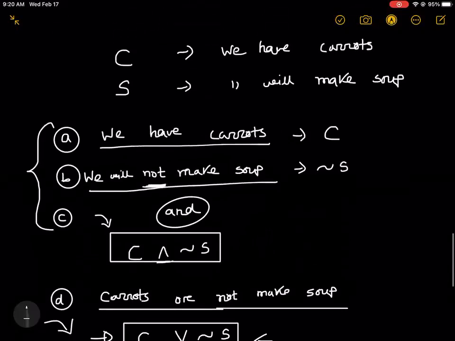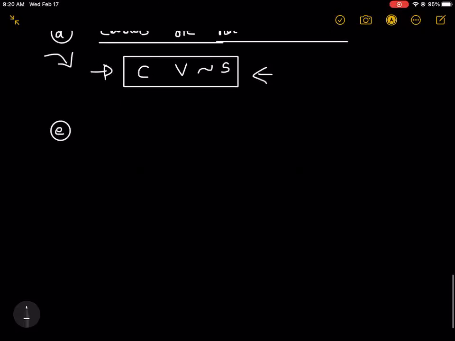So let's say, how about we don't have carrots, and we will make soup. How about that one? So the question is, let me write it for you: we don't have carrots and we will make soup.